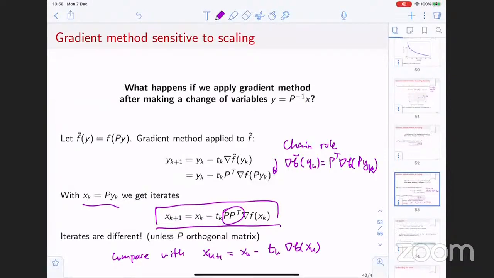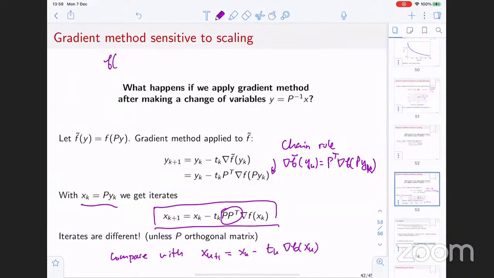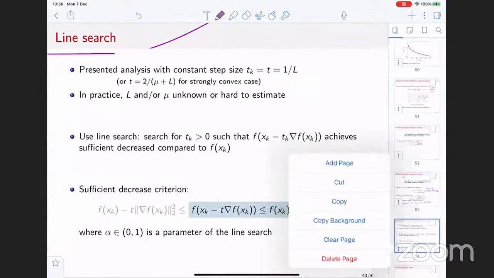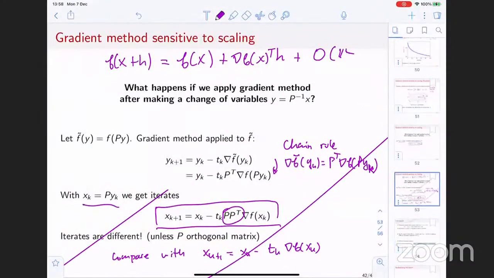We introduced it as f at x plus h is equal to f of x plus the gradient of f at x transpose h plus a big O of the norm of h squared.